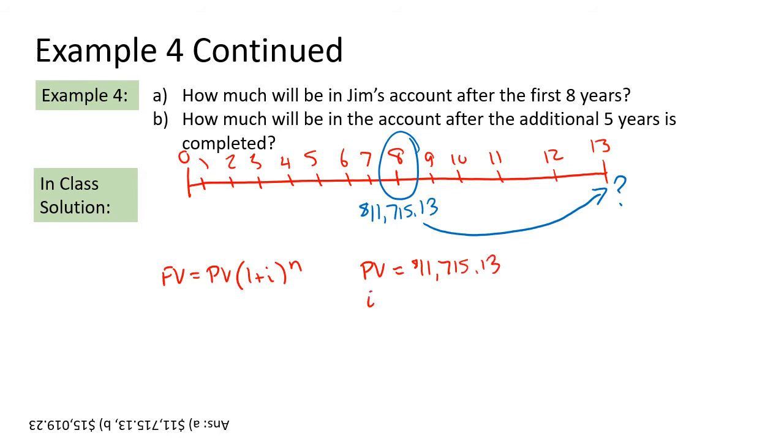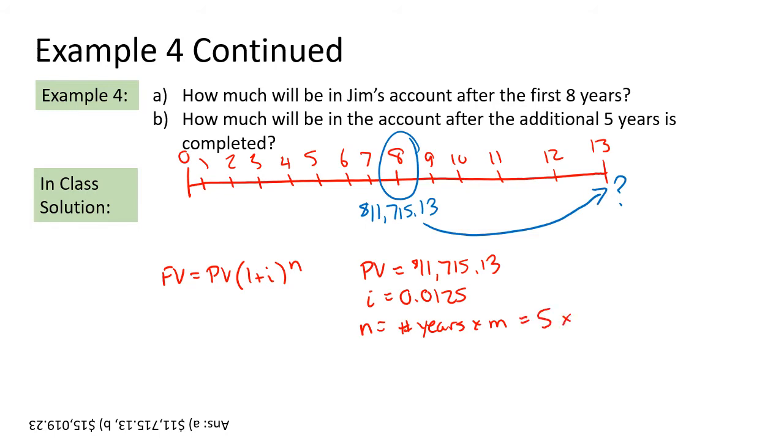Our periodic interest rate, remember, was given for all periods, so it won't change. It's still 0.0125. But our number of compounding periods will. That's equal to the number of years times the number of compounding periods per year. In this case, we're going from year 8 to year 13, so 5 years.